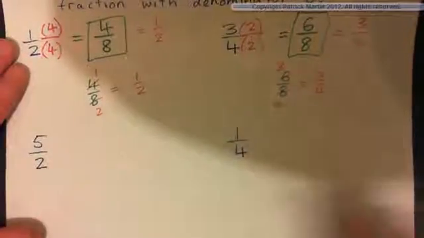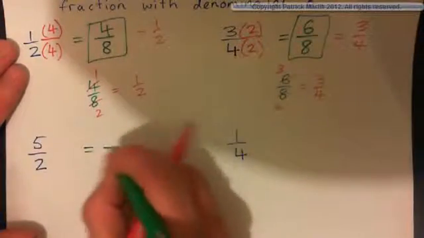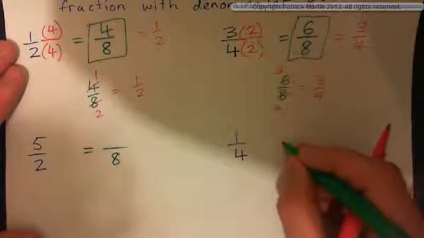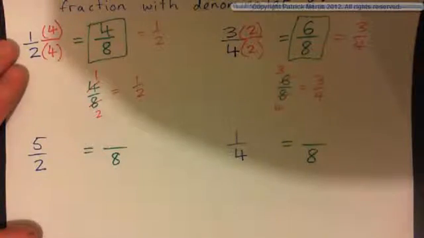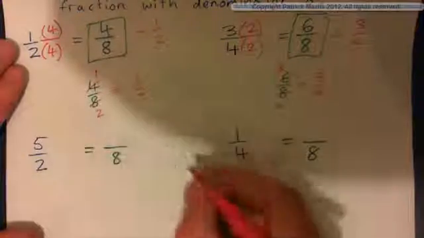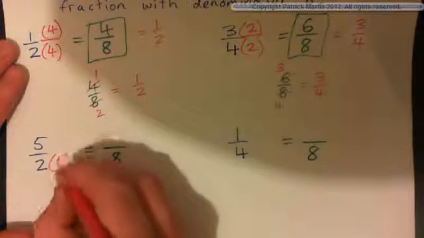Okay, so how would you change 5/2 into eighths? And then how would you change 1/4 into eighths? Press pause and do both of those, and then I'll do it. To change the 5/2 into eighths, I would need to multiply the bottom by 4.